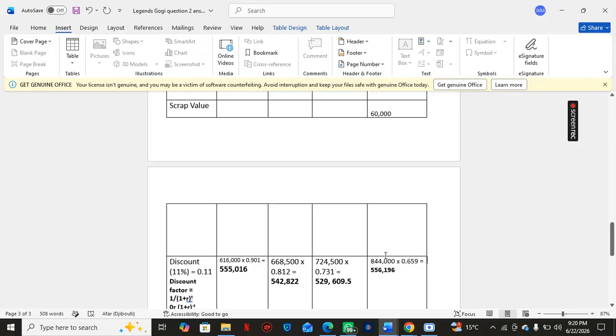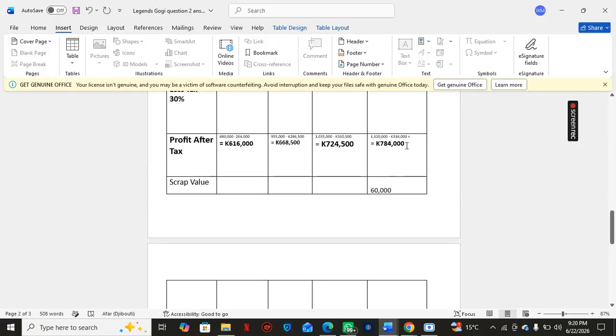Let me do it like this: add scrap value.